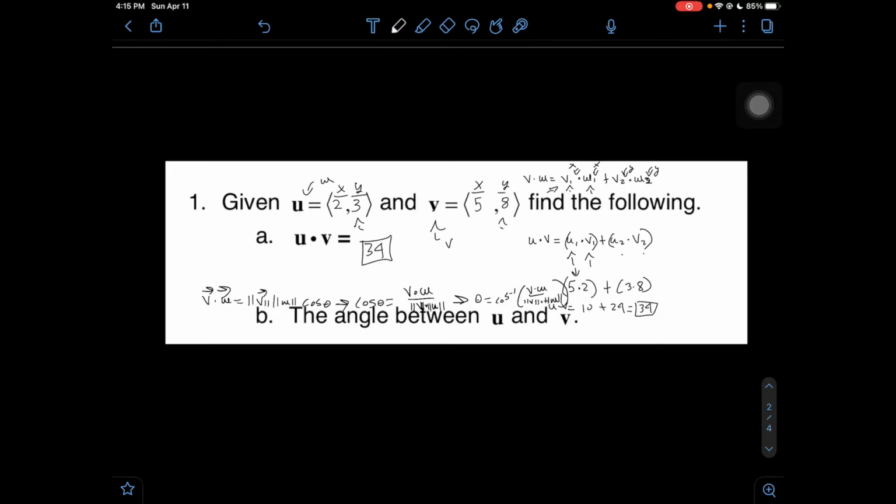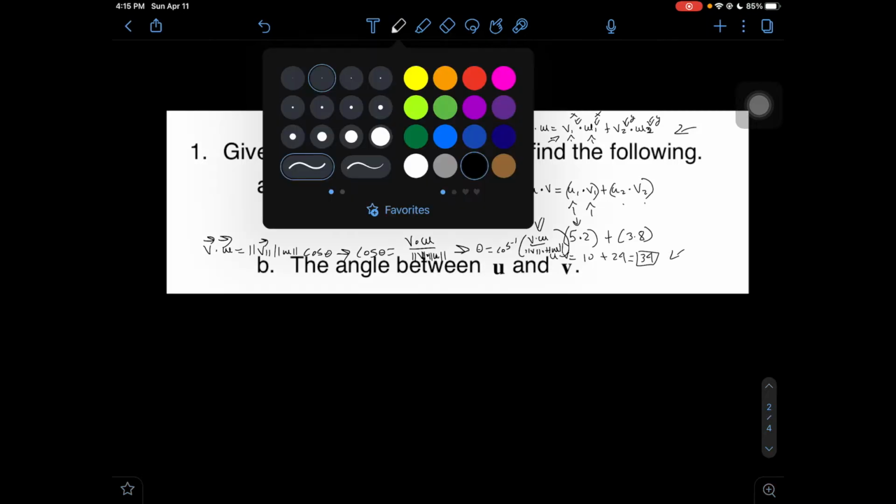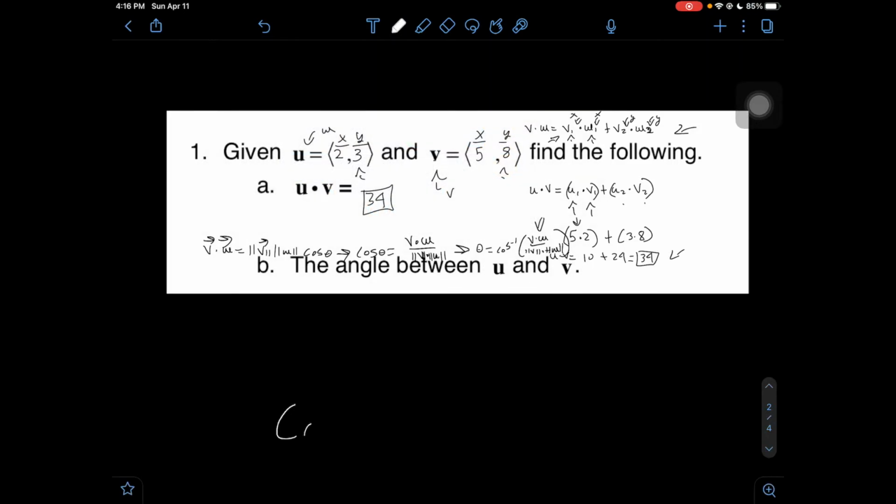Now we can use this equation. We know that v times w, as we said up here, equals v1 times w1 plus v2 times w2, and we already know that's 34. So we're going to use that same 34 in the numerator of this next question. Let's do this right here where we have a little more space. We have cosine inverse of v times w over the magnitude of v times the magnitude of w.